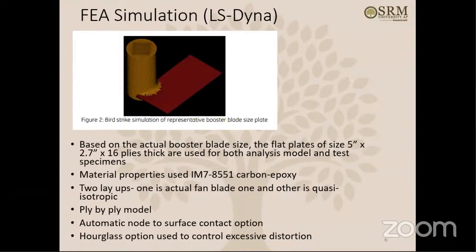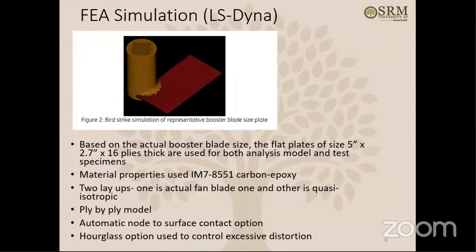As you can see, the plate model looks like 5 inch by 2.7 inch by 16 plies thick. So it's a laminated composite. Of course, the plate material property is IM7/8551 carbon epoxy, and two layups are tried here: the actual fan-blade layup and the quasi-isotropic layup. The actual fan-blade layup is very complicated, but we generalized it for our use.